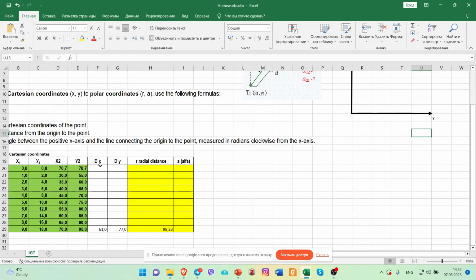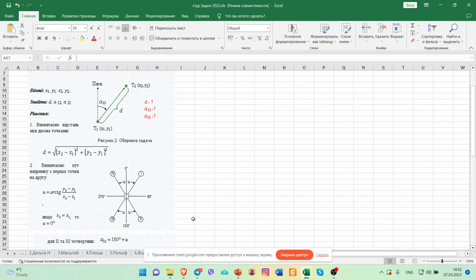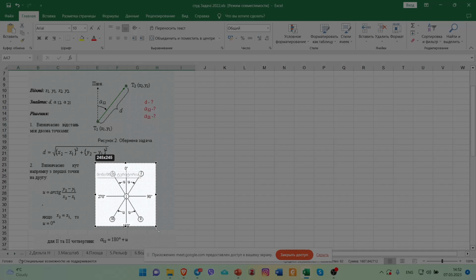If delta x and delta y are above 0, this means that in our case alpha lies in the first quadrant. Here you can see difference in different quadrants.